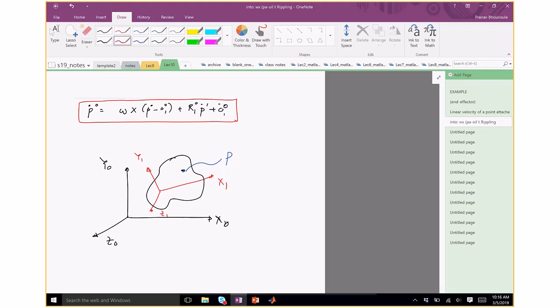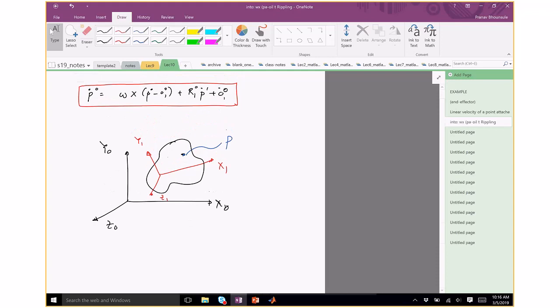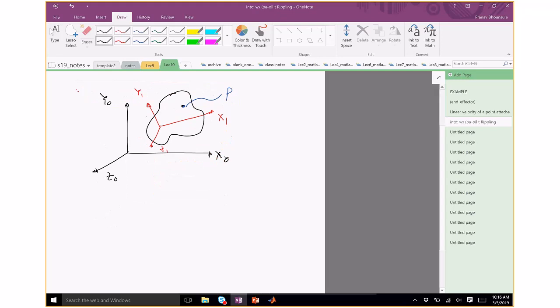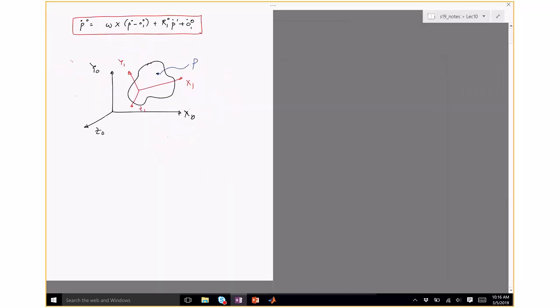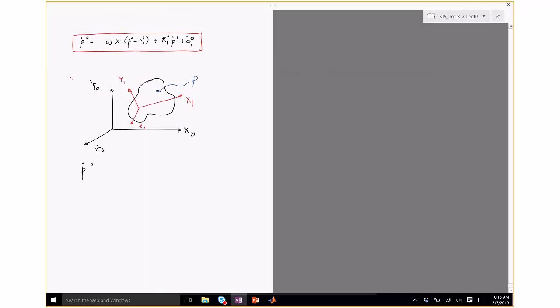So the formula gives me P dot 0, which is how P moves with respect to frame O0 x0 y0 z0, which is basically the global frame or the fixed frame.